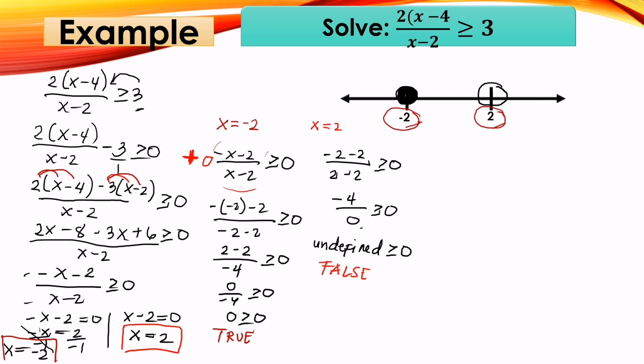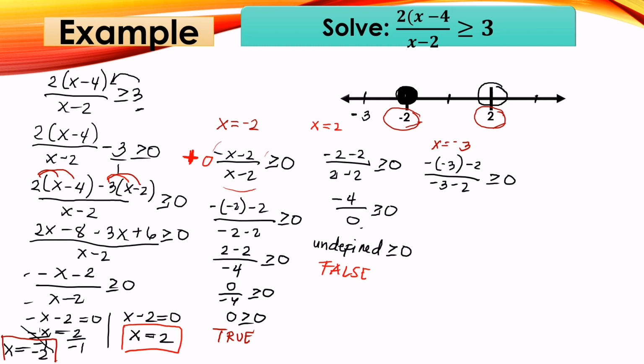How about on each interval? For example, pili tayo ng value ng x. Kunyari, sabihin natin this is negative 3. So, x is equal to negative 3. So, negative times negative 3 minus 2 over negative 3 minus 2 is greater than or equal to 0.